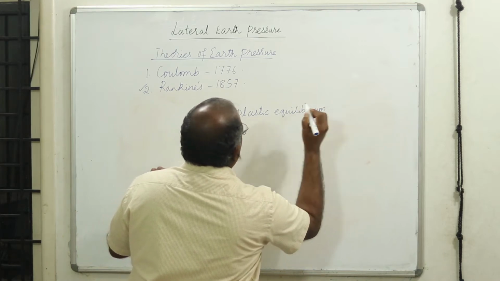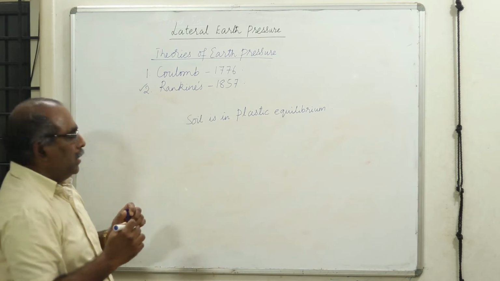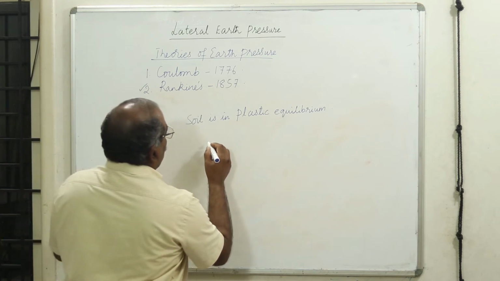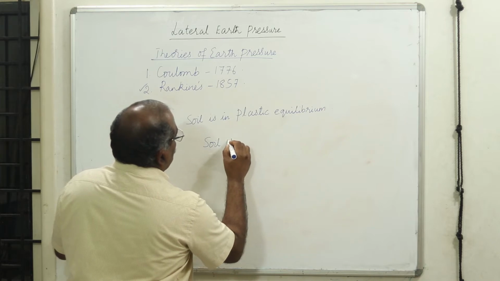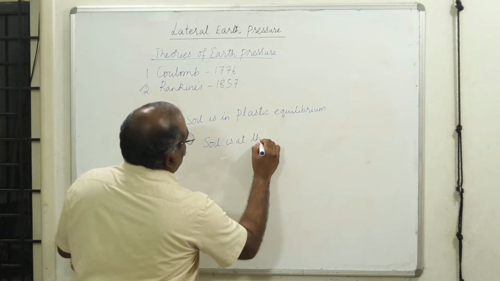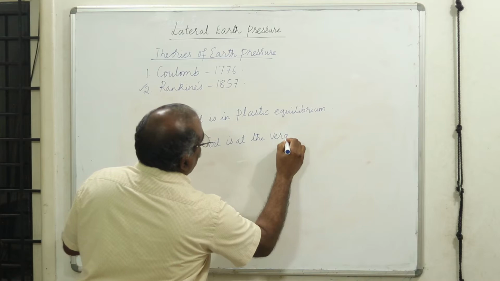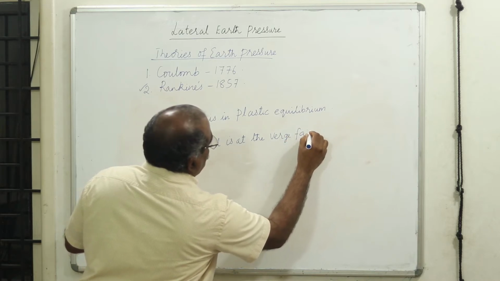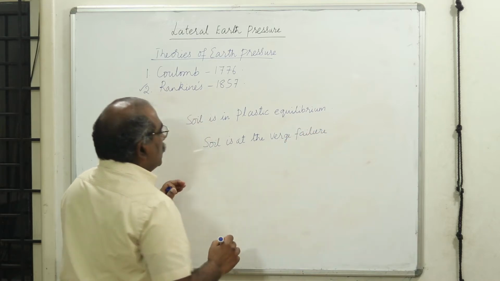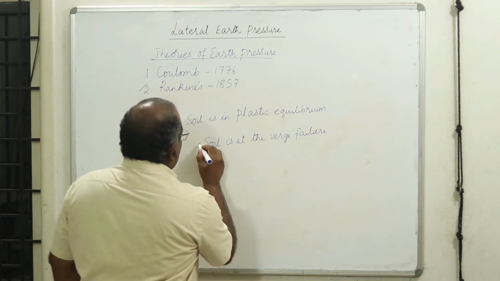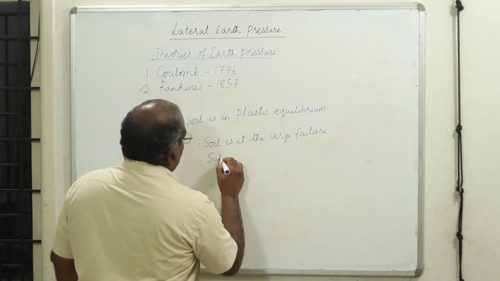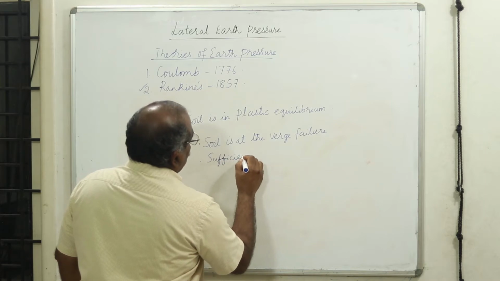As I told you, the shear stress in the soil particles is at the verge of failure. The soil is at the verge of failure. This is the basic assumption. For the soil to be at the verge of failure, in plastic equilibrium, sufficient deformation has to take place.